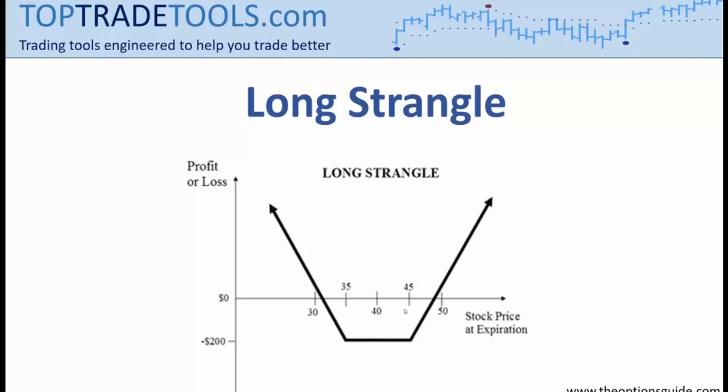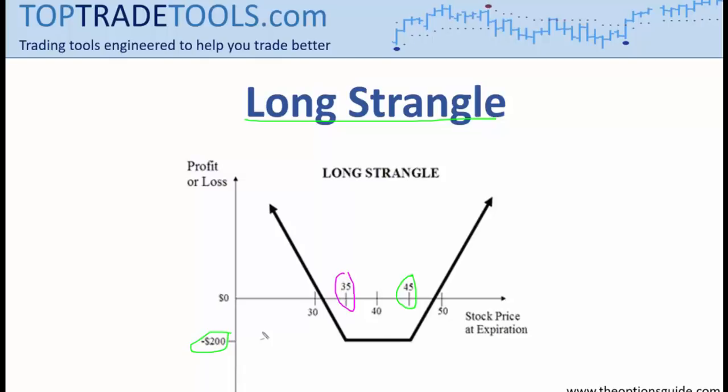So instead of buying both options at the money strike price, and at the money means where the market's trading right now, you would actually buy your put option that's out of the money at 35, and then you'd buy your call option, which is also out of the money, above the strike price. So you're buying your put option strike below the market, you're buying your call option strike above the market, and that's the definition of a long strangle here. Again, this is an attractive alternative sometimes because it's cheaper.